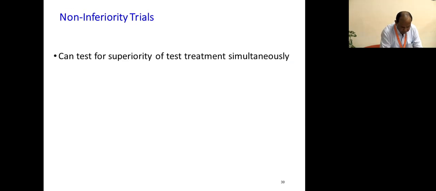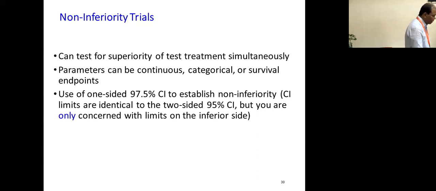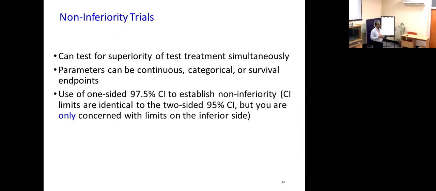Now, you can test for superiority of the test treatment simultaneously. What does it mean? One advantage of doing a non-inferiority trial is that you can show equivalence, you can show superiority. You understand what I'm saying?